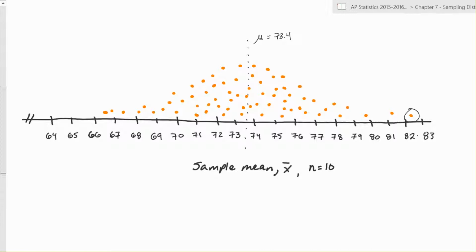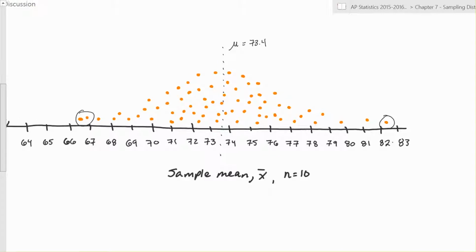Somebody might have gotten a measurement close to 82. We might have gotten something as low as 67 or 66 as our sample mean.